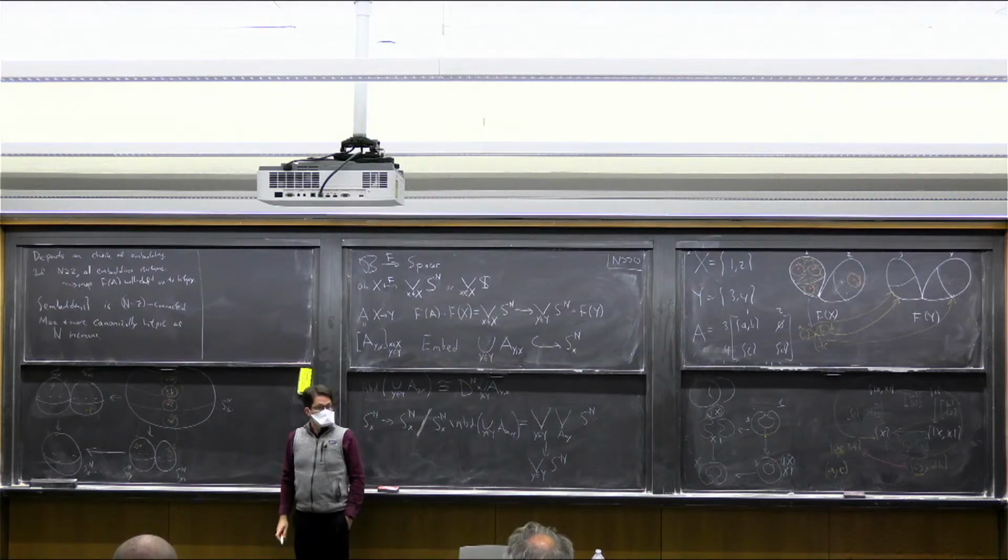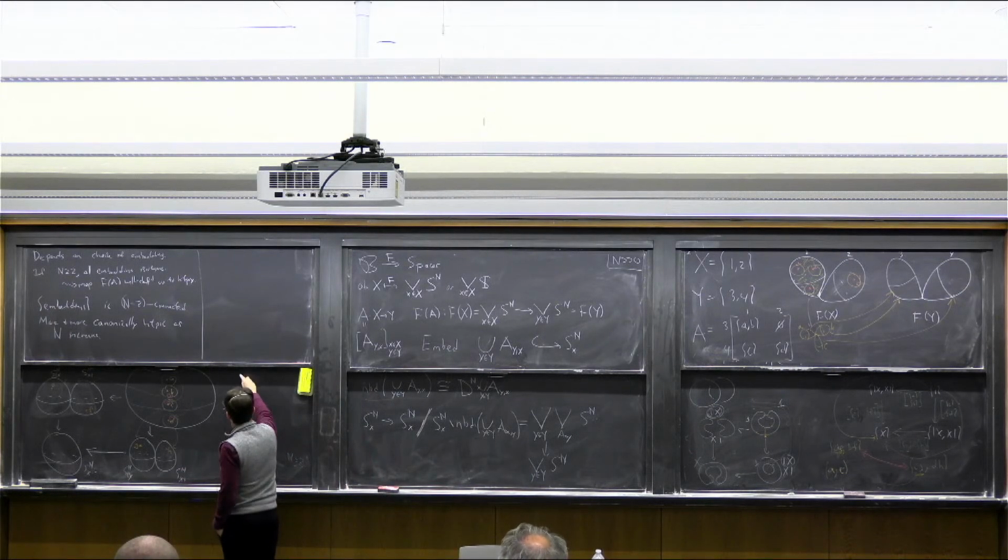OK, so now, we had a cube, 2 to the whatever number of crossings, to the Burnside category.